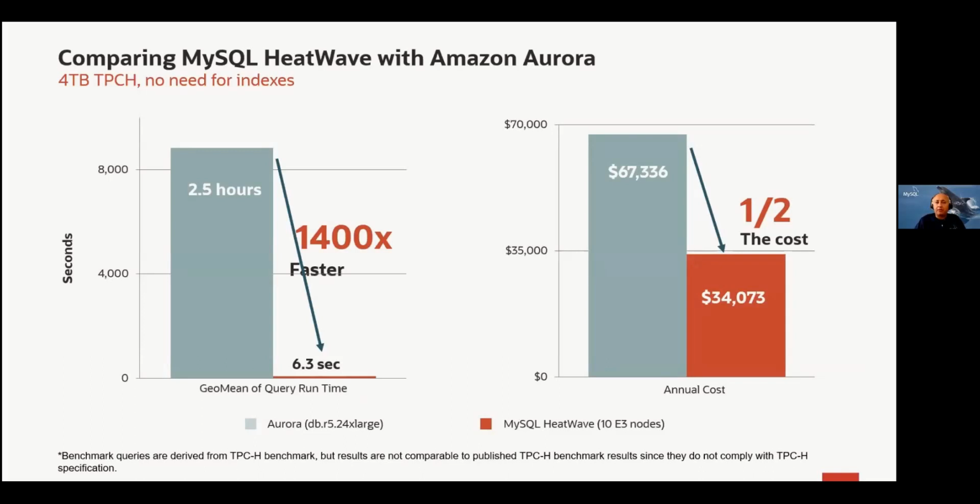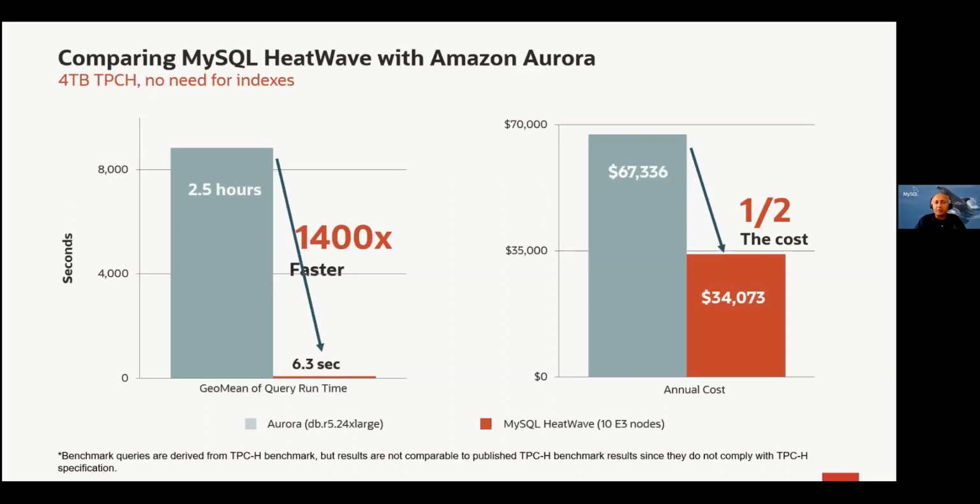For a 4 terabyte workload for analytic queries, HeatWave is 1,400 times faster than Aurora at half the cost. So if you look at the price performance, HeatWave is 2,800 times better than Aurora.